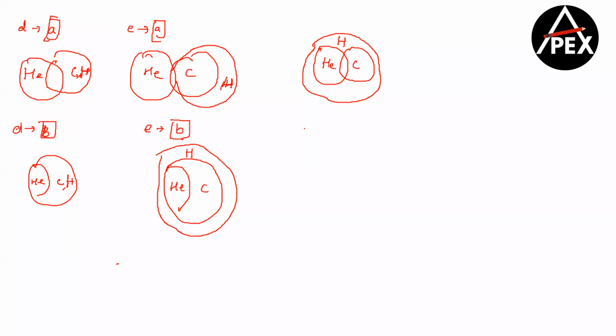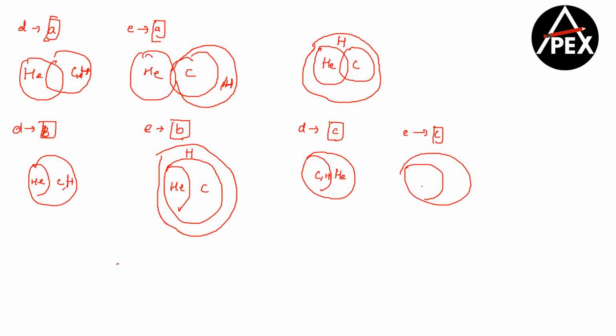Now what should we do? We should take the next case as D with C diagram. How does C look? C should be looking like C with HE. Correct. And what do we know? C and H are same. So this will be D with C. What about E with C? Again, C will be like this, no? C and HE.